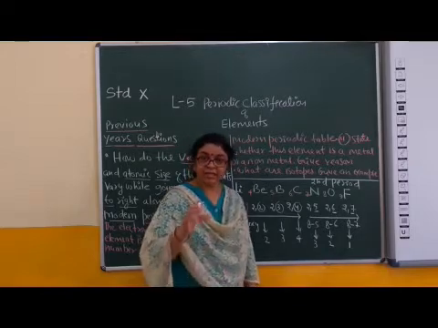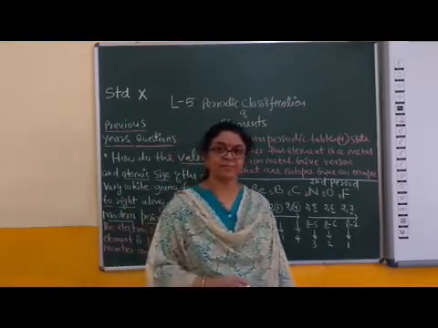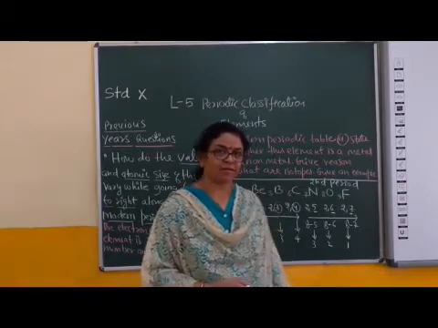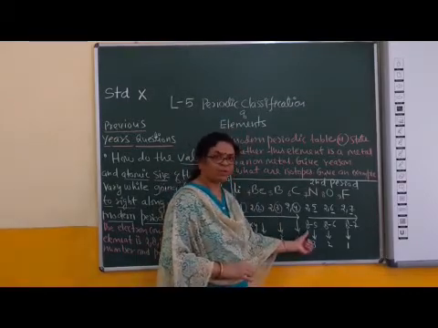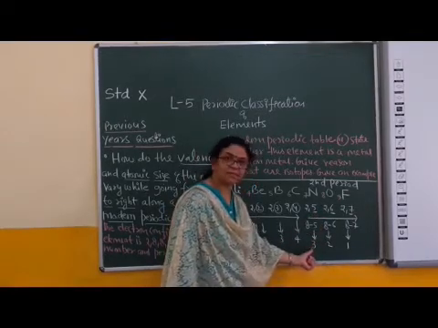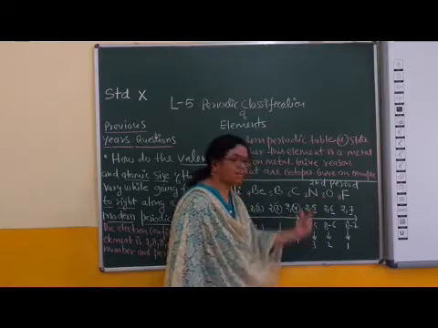Why 8? 8 indicates the octet. A maximum of 8 electrons are required in the outermost shell. This is a constant value. 8 minus 5 is equal to 3. What is the valency of nitrogen? 3.